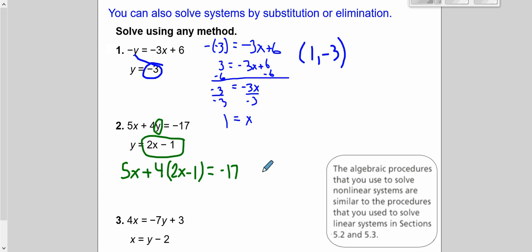Notice our equation only has x's in it, so now solve for x.